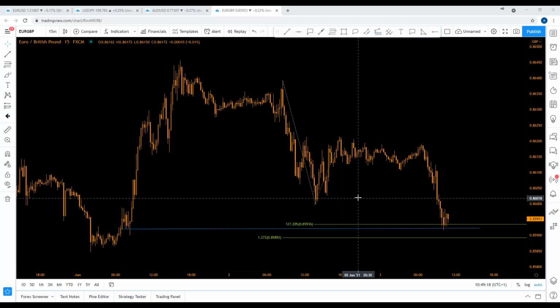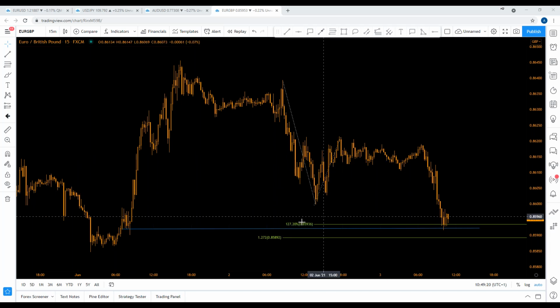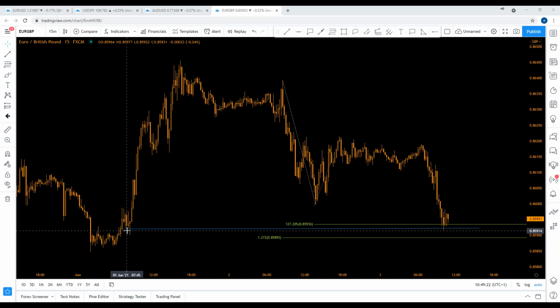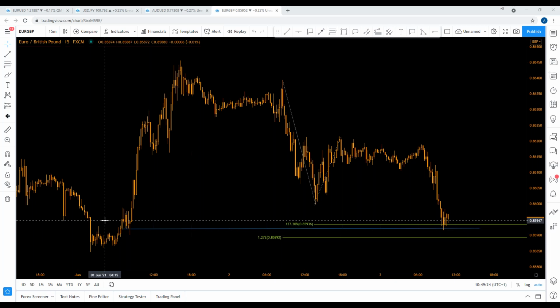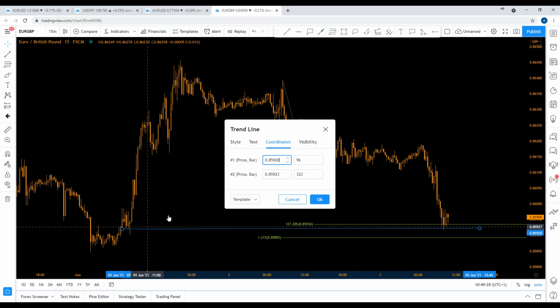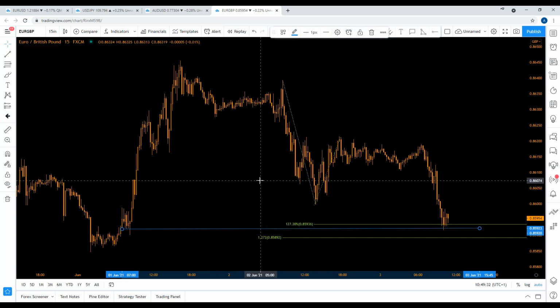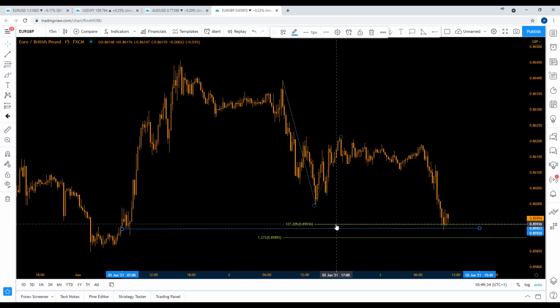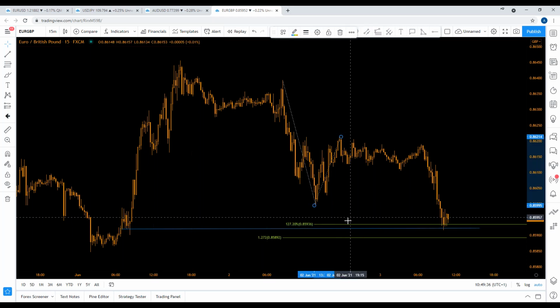So as you can see, we have here a Quasimodo support forming around the 85.92 range. Now, what's happening here is we have a Fibonacci extension at 85.93.